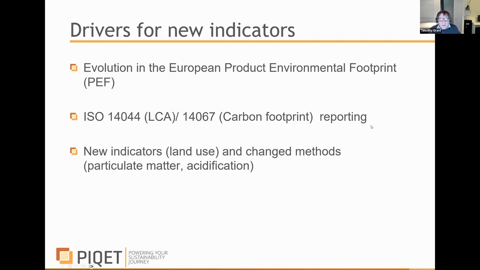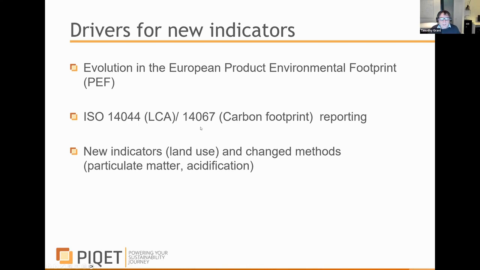We would also, a major aim of PK5 is to allow you to produce an ISO 14044 or an ISO 14067 standard report. So moving beyond just internal comparisons and decision making to be able to produce something that can be peer reviewed and can be a public document.